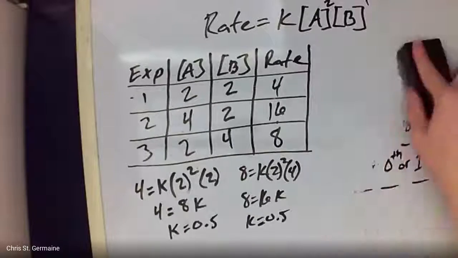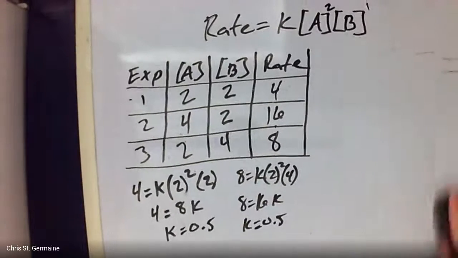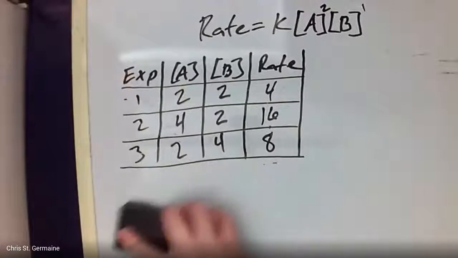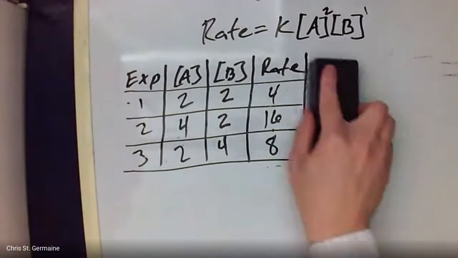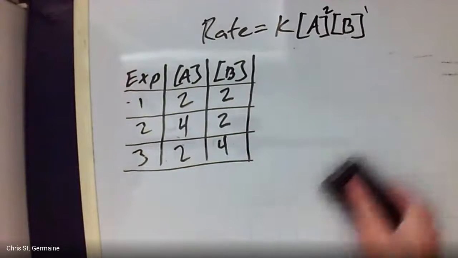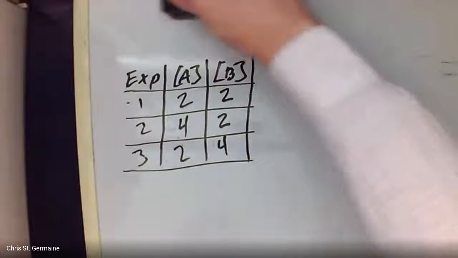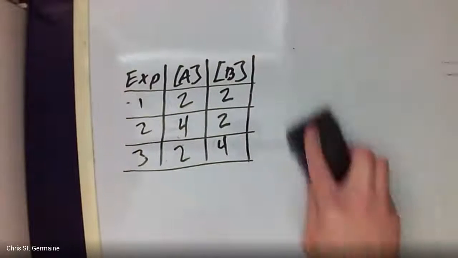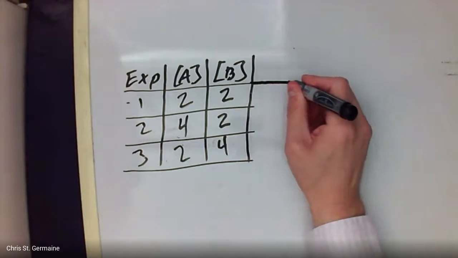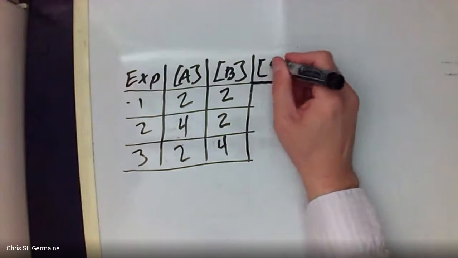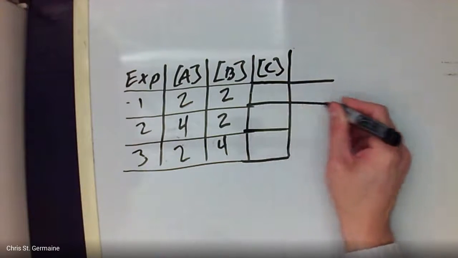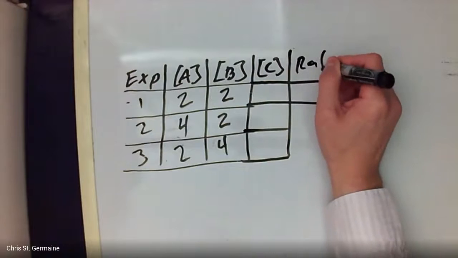By the way, guys, it doesn't get much harder. Don't be afraid that I'm kicking it up notches, because it's really not much more. You can't really be much more difficult for this. I'm just going to make it a 3 variable equation instead. So I'm just going to add a C. And then a rate.